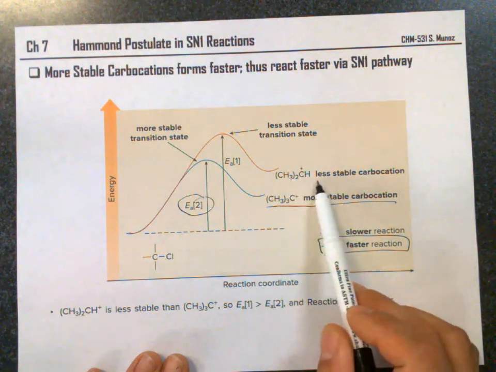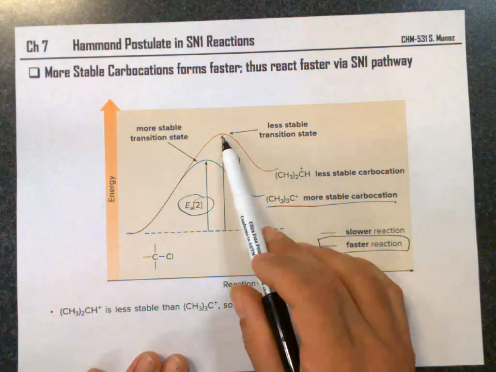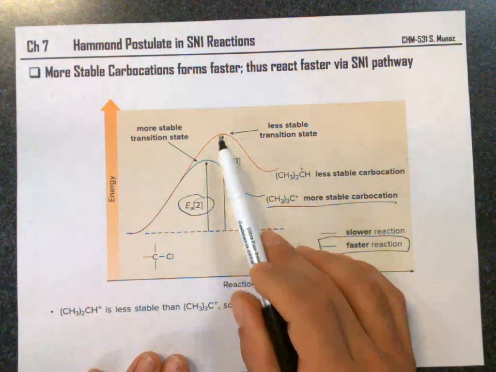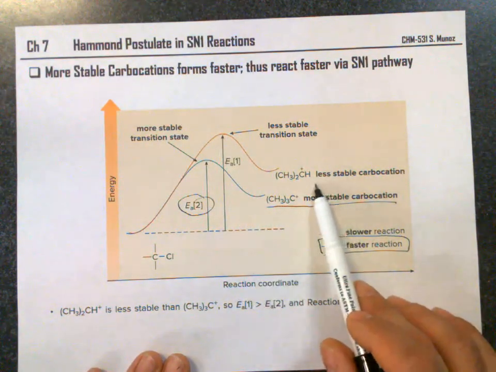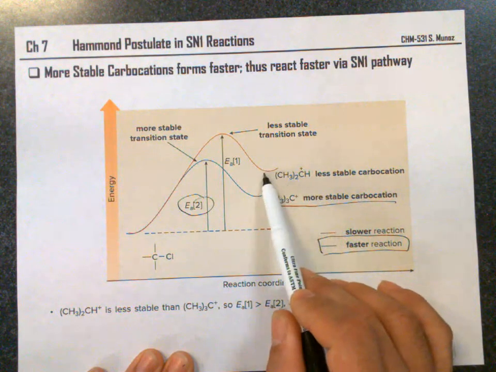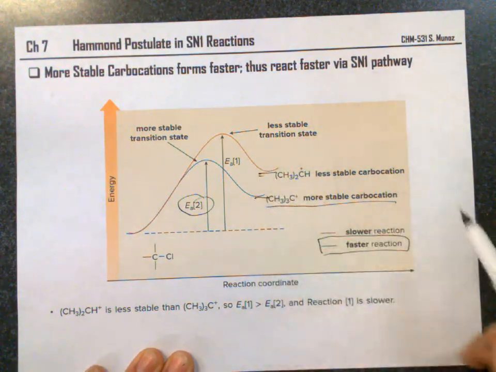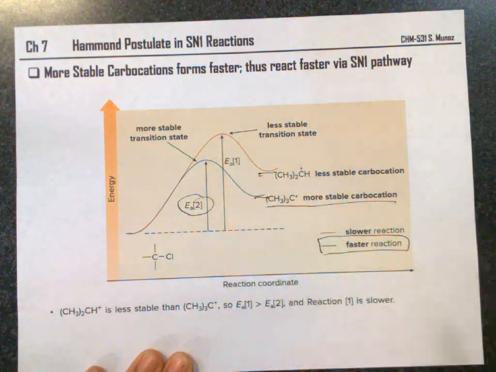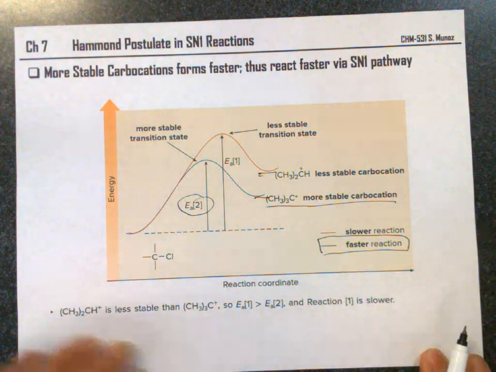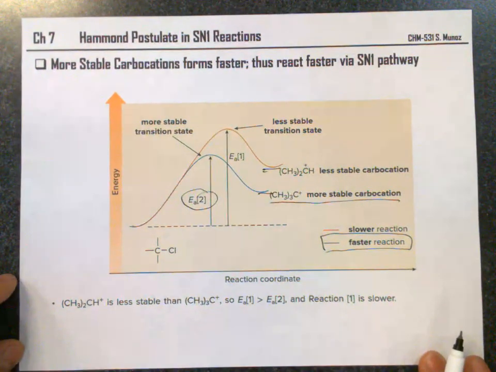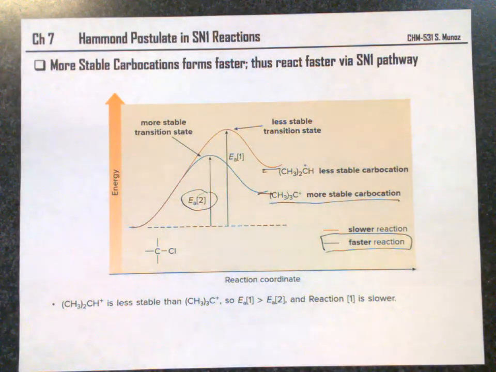However, when you have less stable carbocations, they need higher activation energy, and even the carbocation is less stable, so that means it's higher in energy. But on top of that, the transition state is higher. That means higher activation energy. And so this is how we rationalize how we can use the carbocation stability trends in terms of determining rate of SN1 reactions.